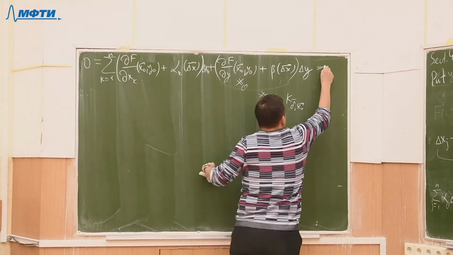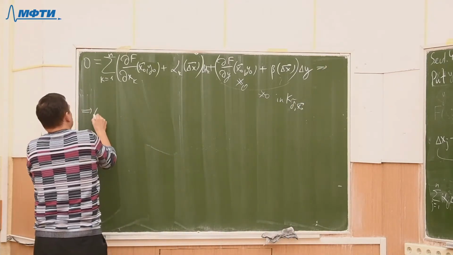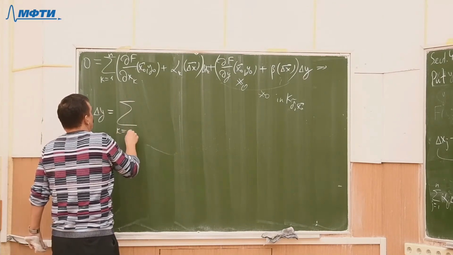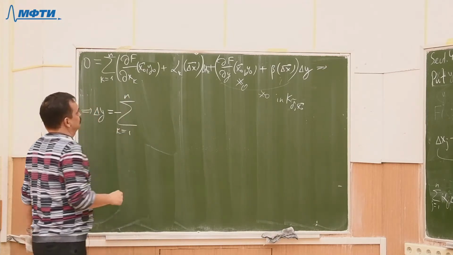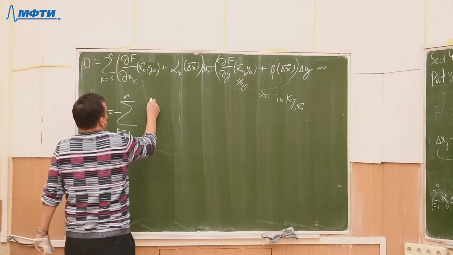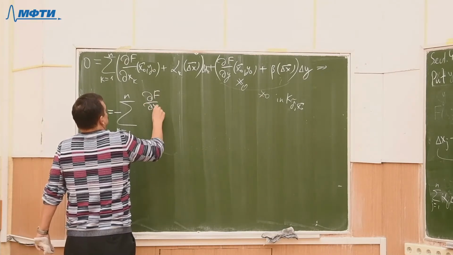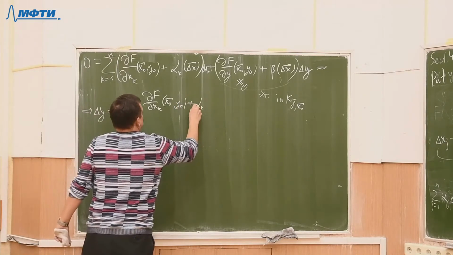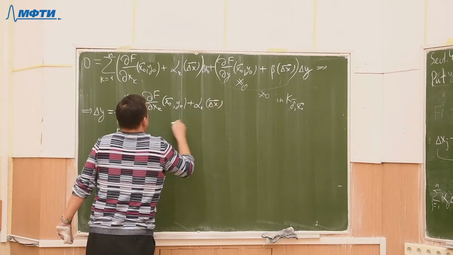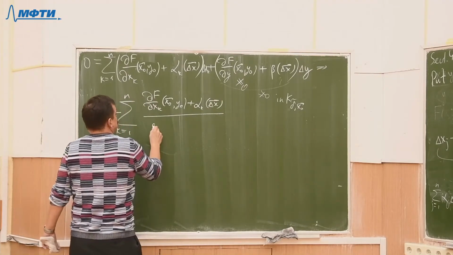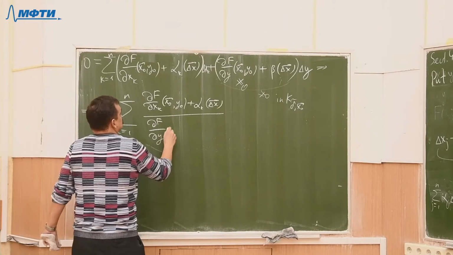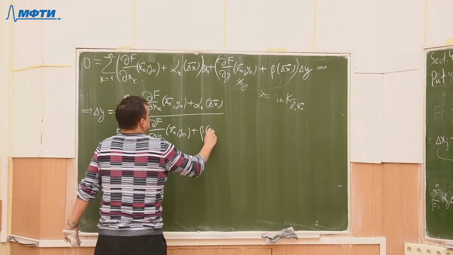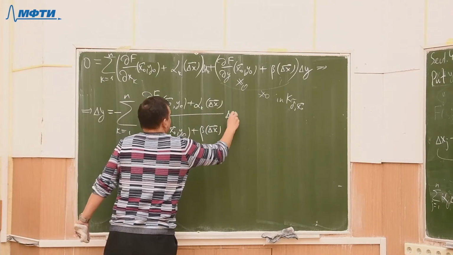So, what follows? Delta y equals the sum k from 1 up to n of minus, right, alpha k appears, and then this ratio over beta, times delta xk.